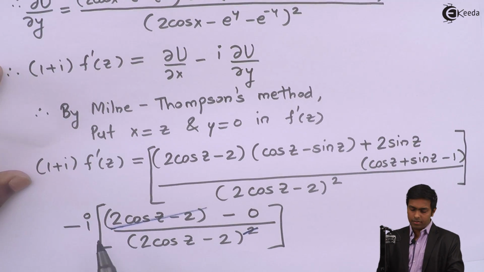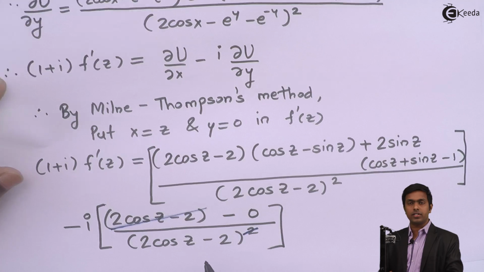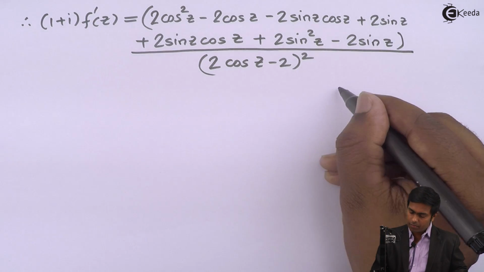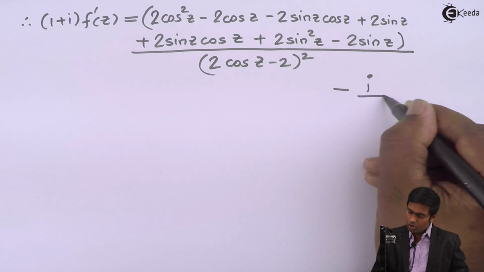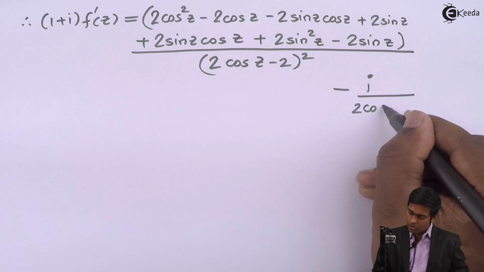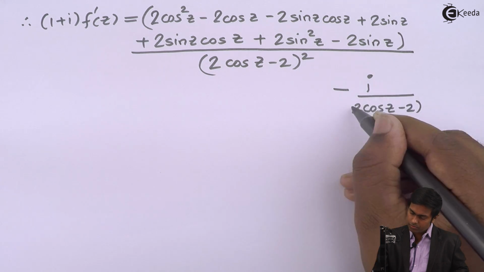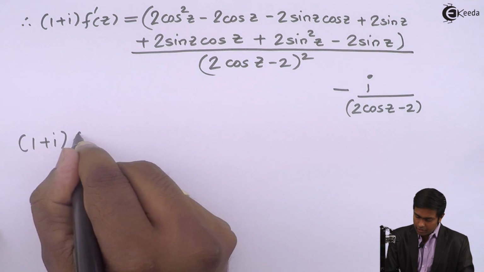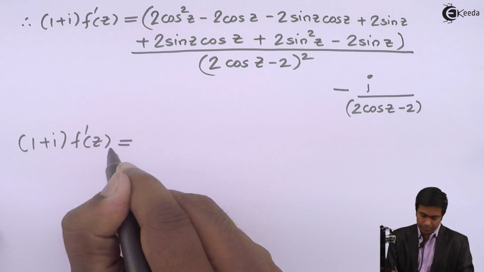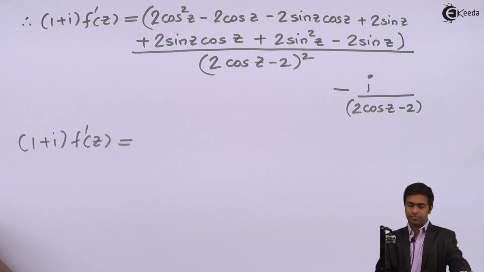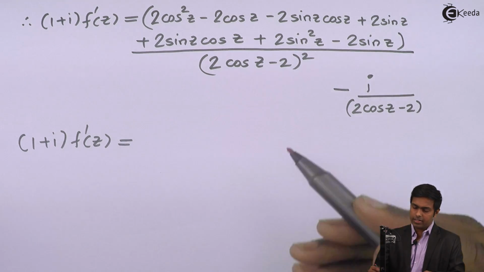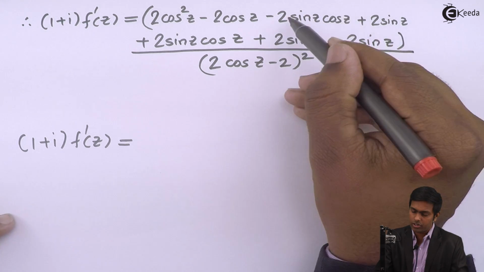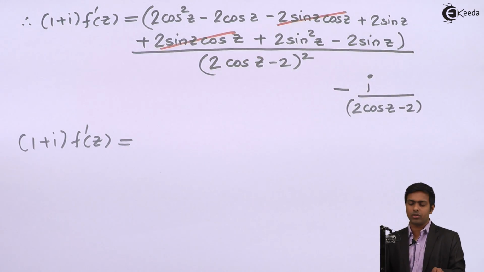Next, the second term is minus i upon 2 cos z minus 2. Next here we will get 1 plus i into f dash of z equal to, so if you will see here, then this negative 2 sin z cos z will be cancelled with positive 2 sin z cos z.